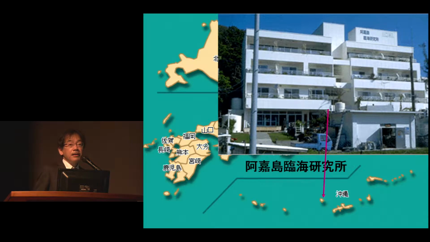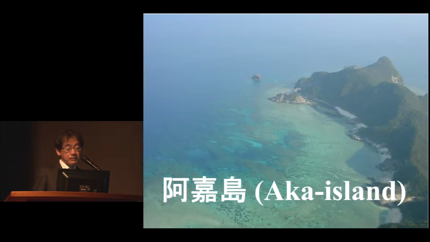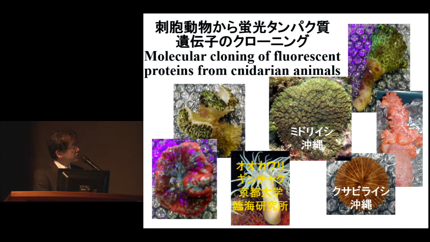And since 1999, we occasionally went to Okinawa island, and these small islands do not suffer from coral bleaching yet. So we dived into the water and collected these cnidarian animals, and from those animals, we have cloned quite a few, many new fluorescent proteins.